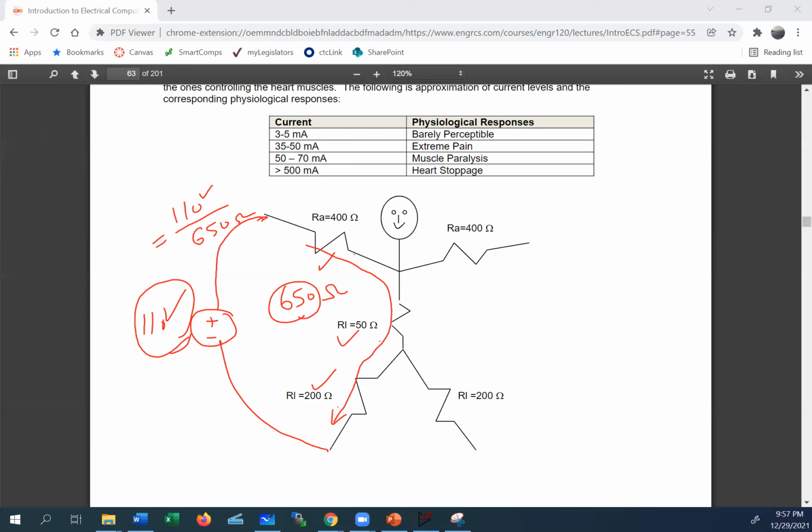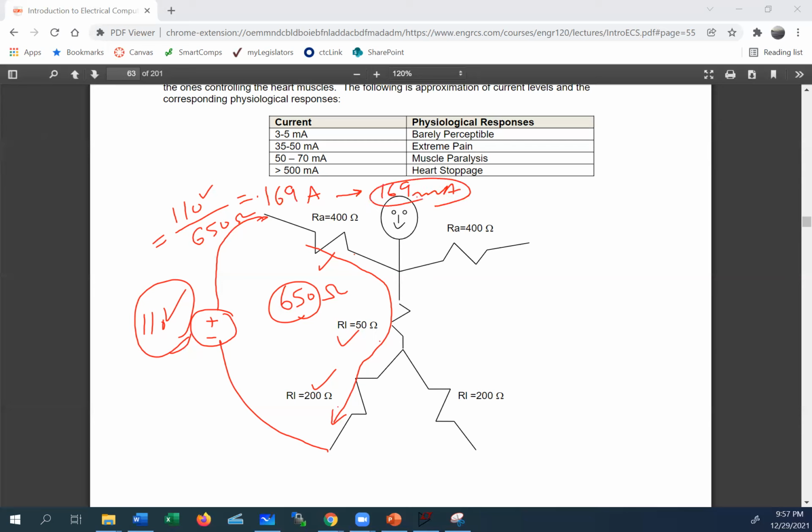Well, let's do a calculation on this and see typically what happens. So if I take 110 volts and divide by 650, even not considering the special circumstances, that tells me I've got 0.169 amp, or another way to put it, 169 milliamp.